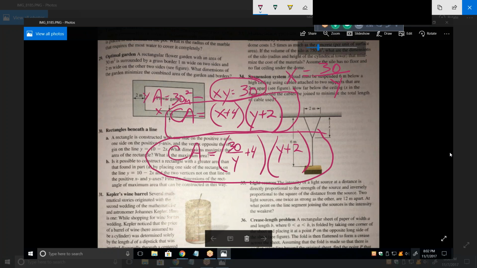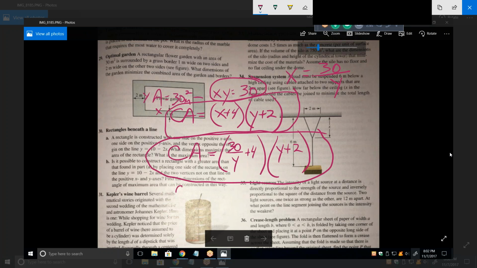Now, taking the derivative of this function. Now let's rewrite it. Hold on a second. I'm going to just start writing smaller.